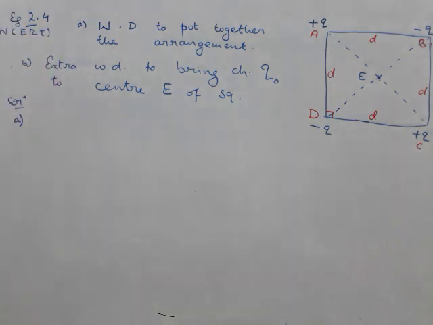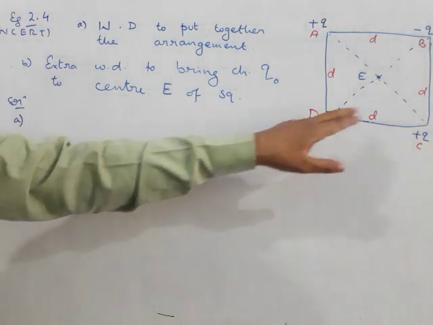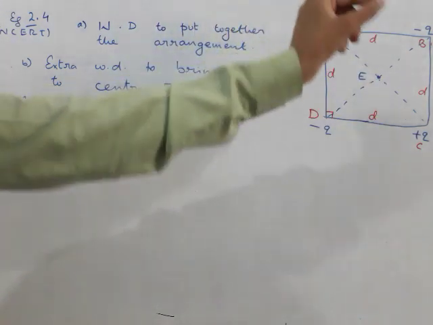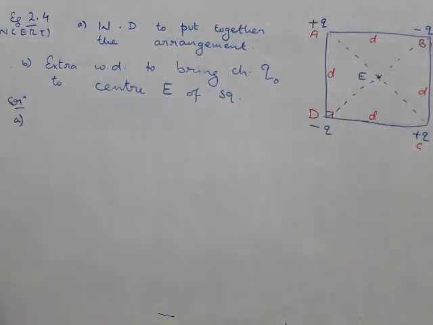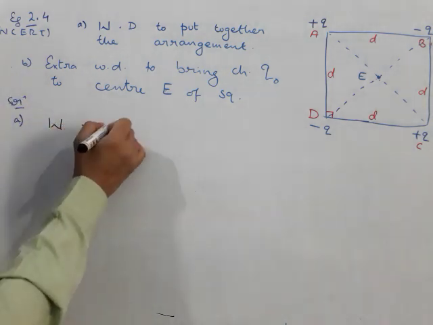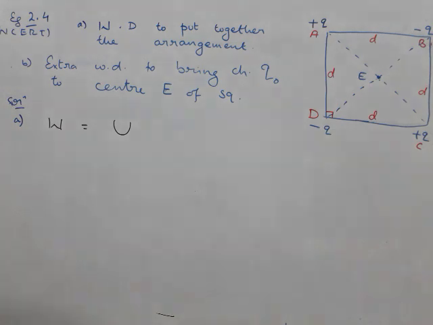The first question that is asked is that you have to find the work required to put together this arrangement. That means initially these charges are very far, and one by one you have to bring these charges to their respective positions. How much work is to be done? By definition, this is nothing but the external work which you have to do, equal to the potential energy of this particular charge configuration.